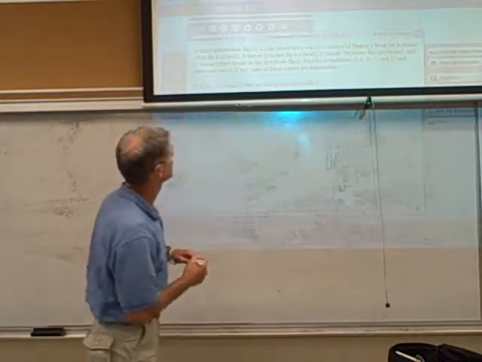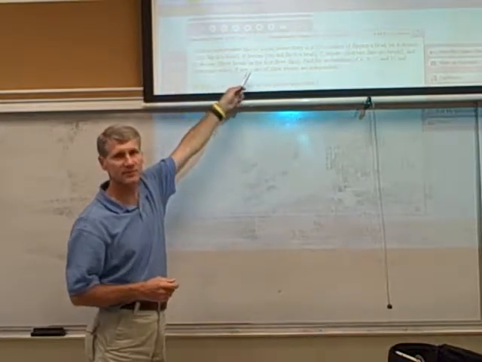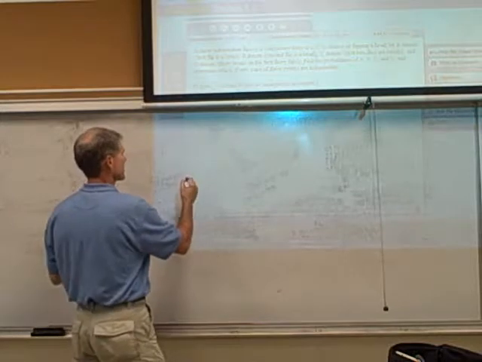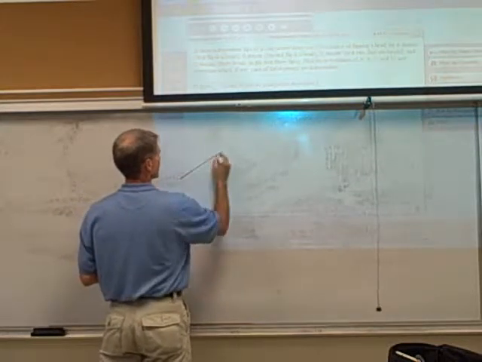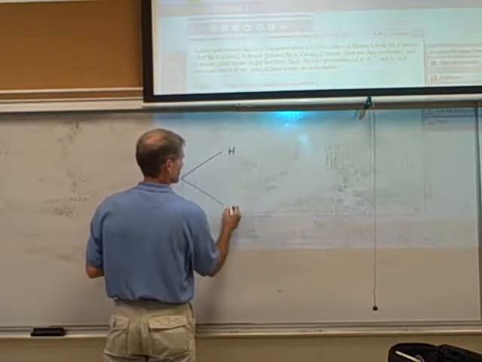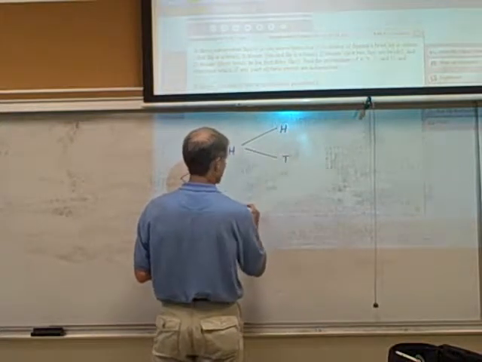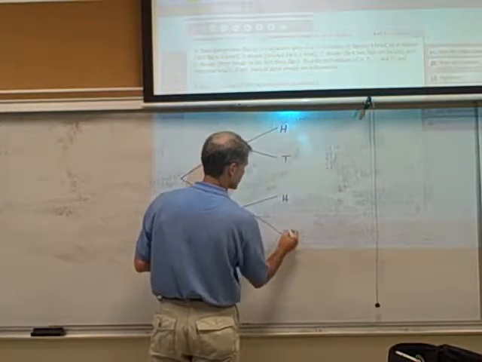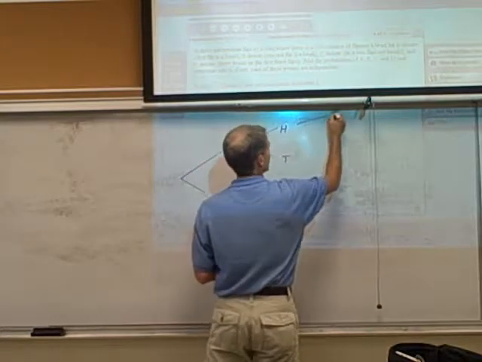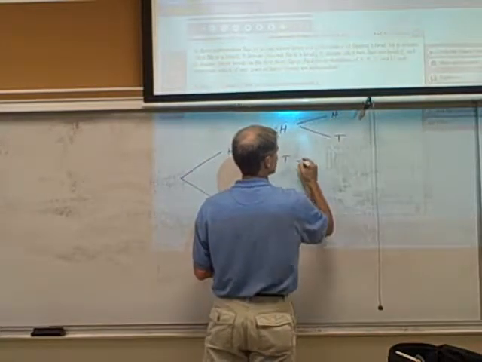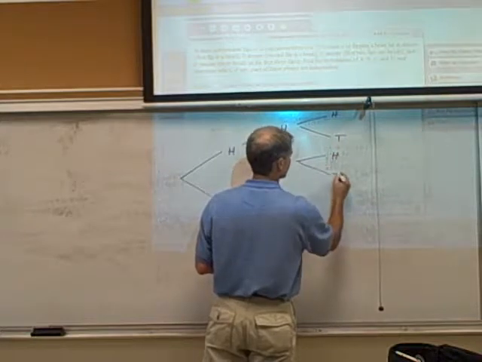So if I have 3 independent flips of a coin, then I can represent that as a tree diagram with heads, tails for the second flip, and then heads, tails for the third flip.